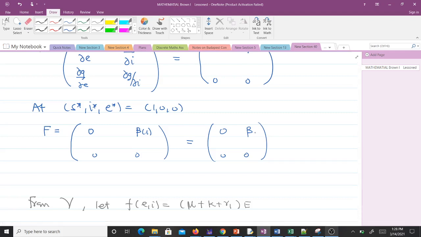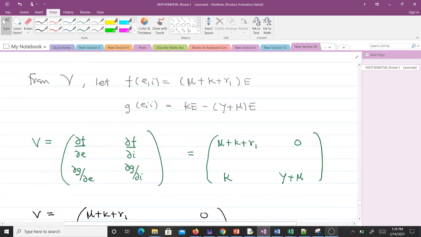Now we have to find our V matrix from the Greek V. So from our Greek V, we let f of E, I be equal to this, and g of E, I be equal to this.